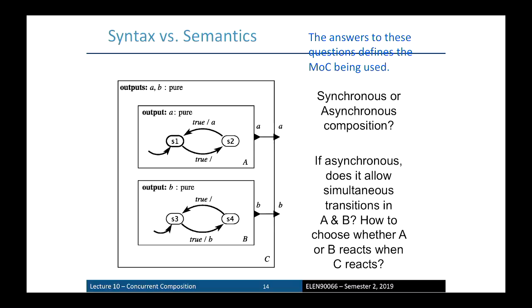Synchronously means obviously we know that both will transition at the same time, so we will have only a reduced possibility of the amount of states that we could end up in. If asynchronous, do we allow simultaneous transitions in A and B? Do we always assume A reacts before B? Do we interleave it? Do we flip a coin? What's the mechanism for choosing which one reacts first? It's probably environmental that may determine that.